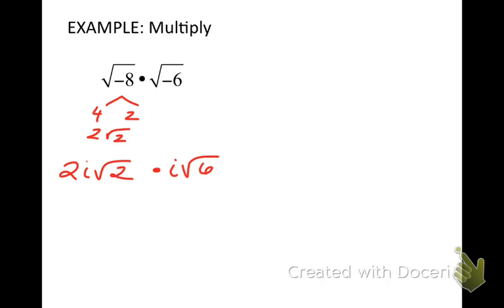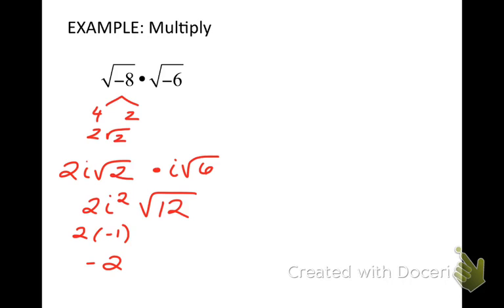So 2i times i would be 2i squared times the square root of 12. We've got a lot more simplifying we can do. What does 2i squared become? -2. Keep in mind that i squared is the same as -1, so that's going to become a -2.